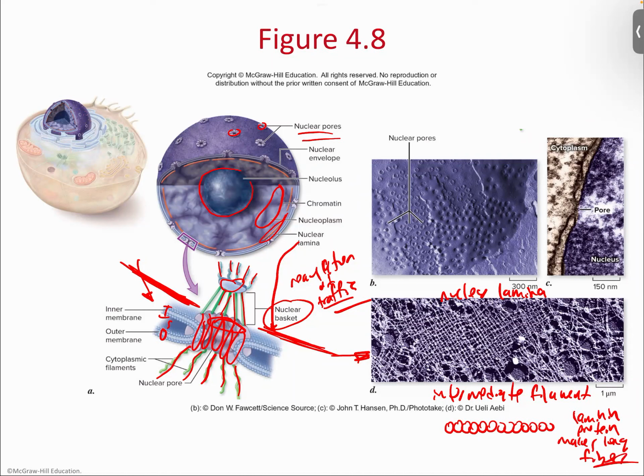That's those fibers. So it makes long fibers. And so these long filaments of laminin will form these long fibers that then crisscross like gauze. And that's what's on the inside of the inner membrane of the nuclear envelope.